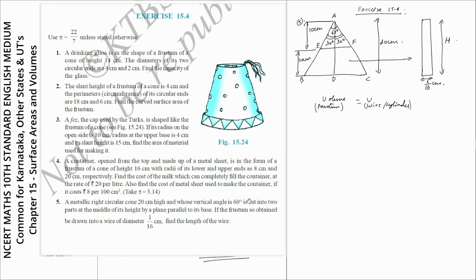What is the volume of the frustum given by? Volume of the frustum is given by 1 by 3 pi into H into (R1 square plus R2 square plus R1 into R2), where R1 is the radius of the base or the bigger circle. Here DC will be the R1 and R2 is the other radius. Now this point I will mention as G.